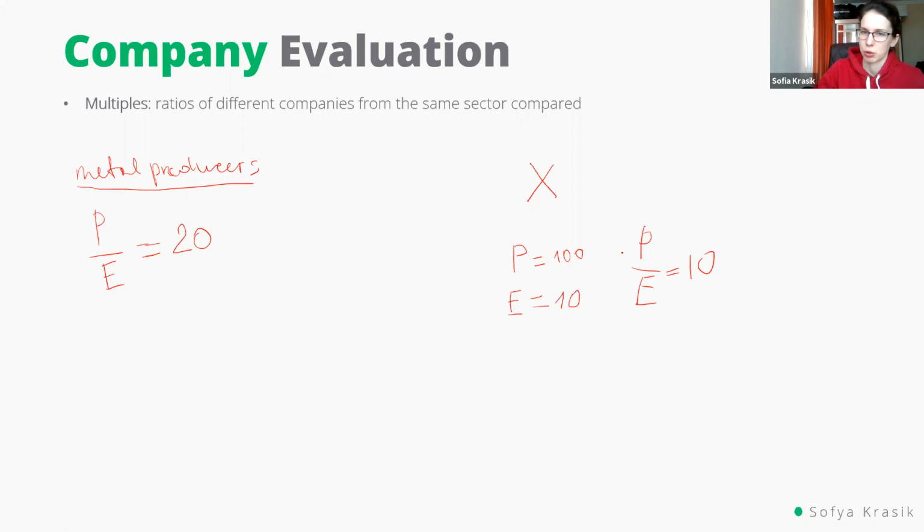So the price would need to grow twice, and using the multiples approach, we would estimate the long term company's price at 200. But of course I'm quite skeptical about some exact true value of the company, but at least we could understand that, for example, it's significantly undervalued.